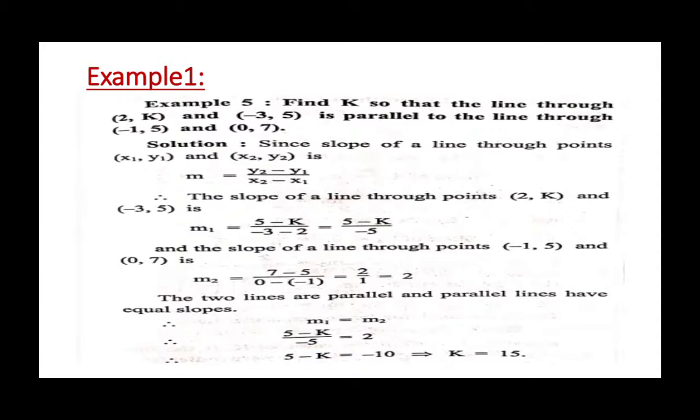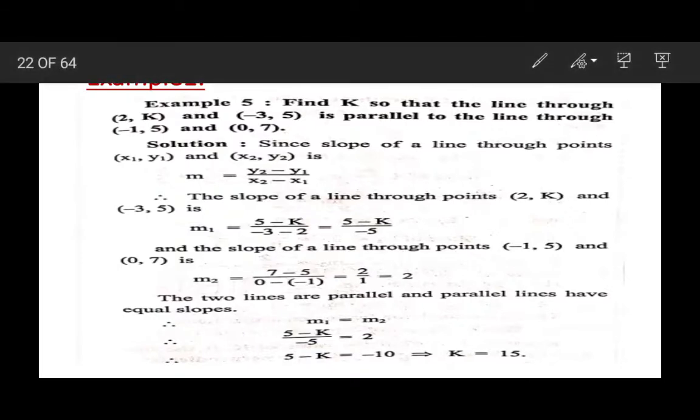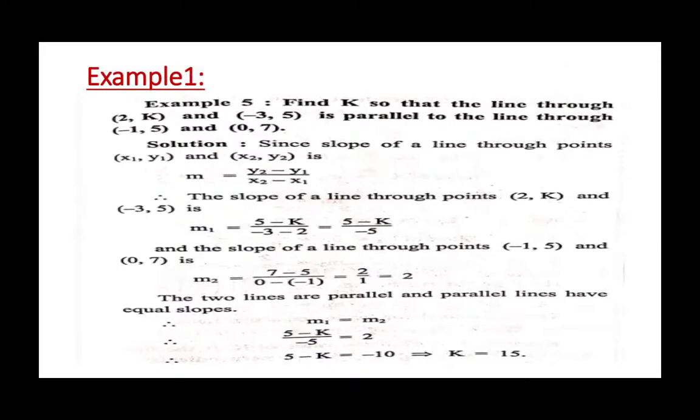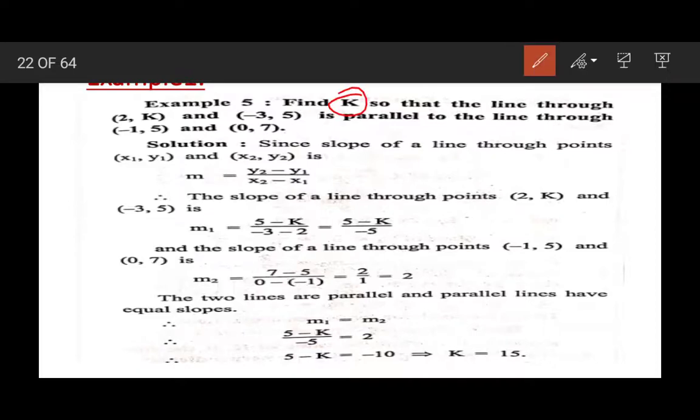We have to find k. What is given? The first line is parallel to the line passing through the other two points. We know that the lines are parallel.